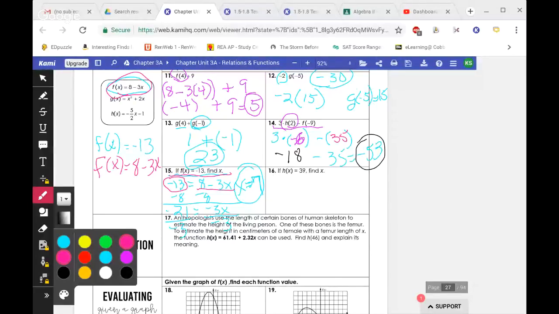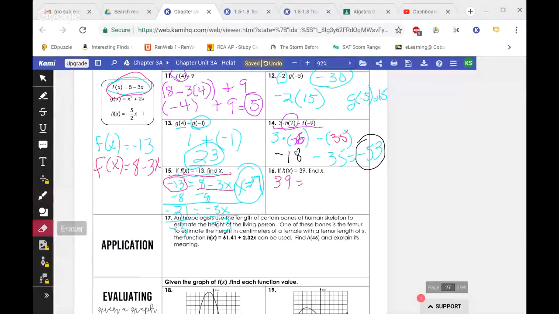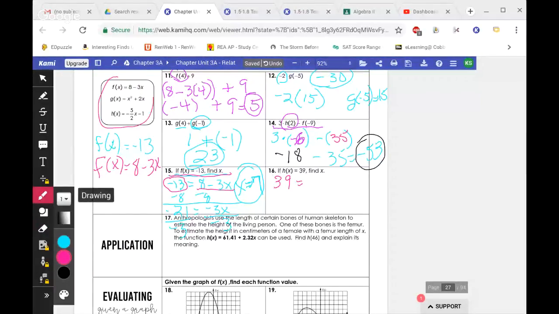So let's talk about number 16. Number 16 says that h of x equals 39, so I'm going to write down 39. But over here in our key, if you will, h of x equals something else. It says here that it equals negative 5 halves x minus 1.